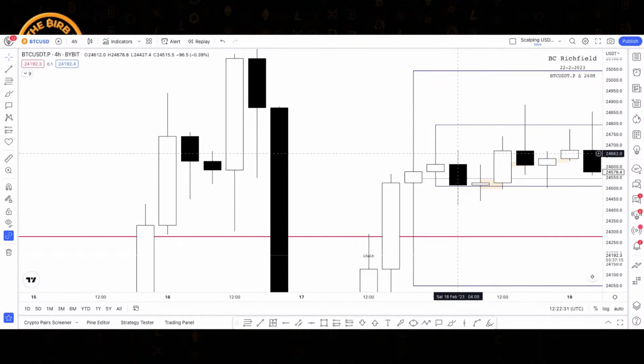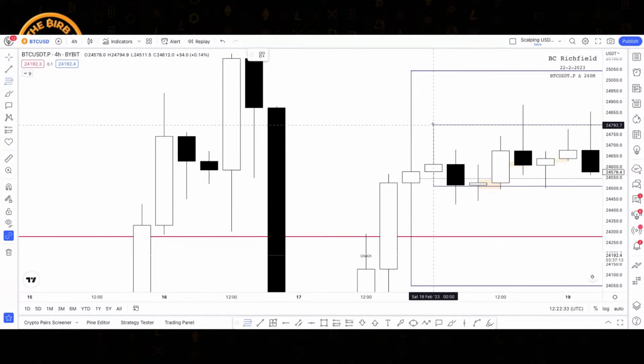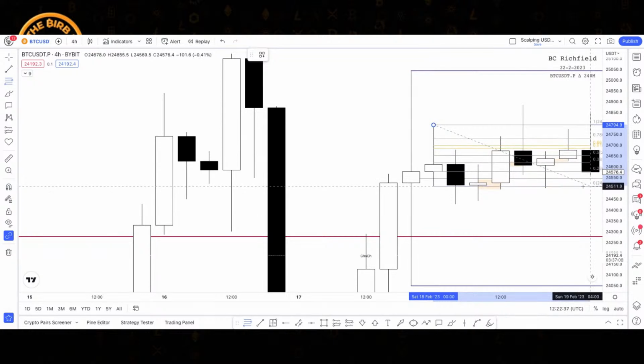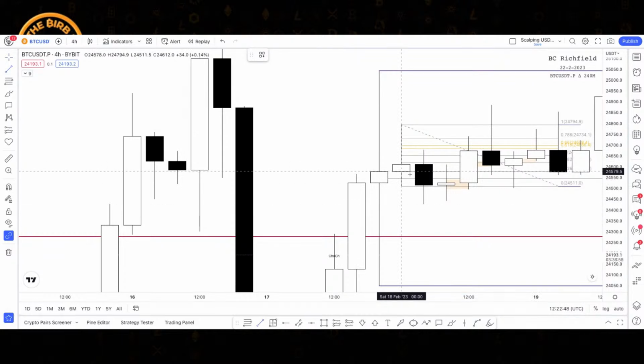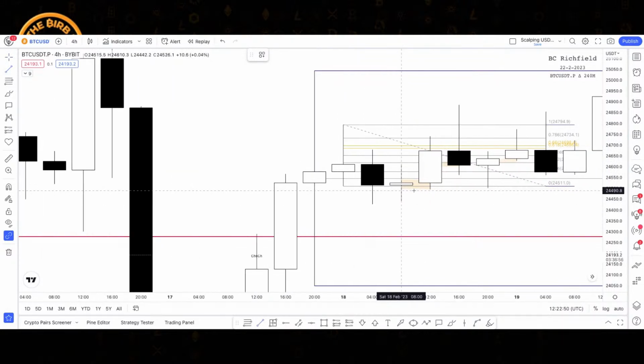So let's just draw that in. So this becomes our first range, right? Because this is a range inside a larger range. Yeah. So what we want to see is a move like this move coming out of the range to tell us that price is now moving to our secondary range target.